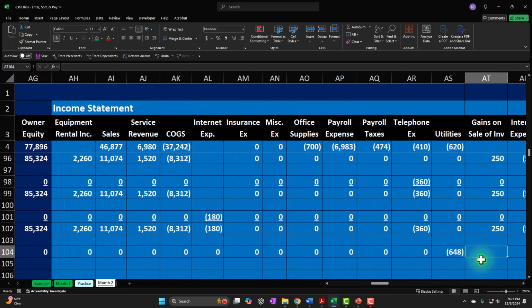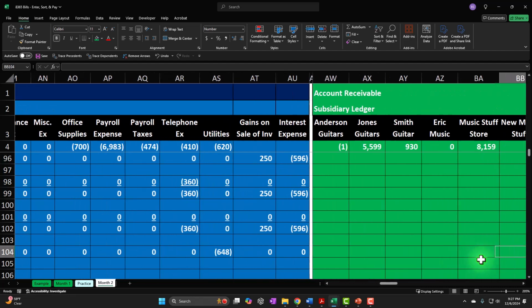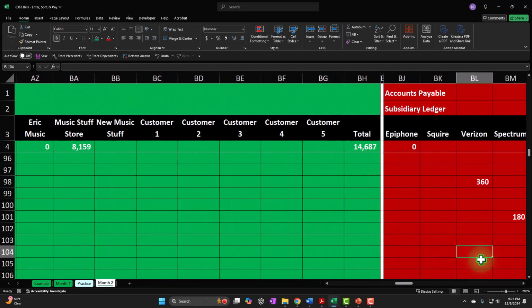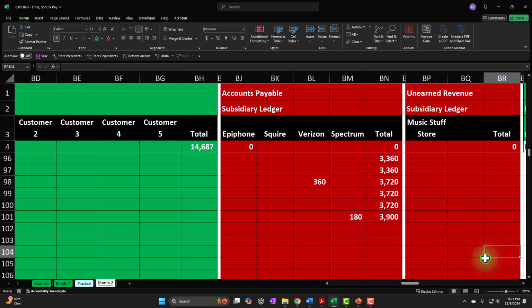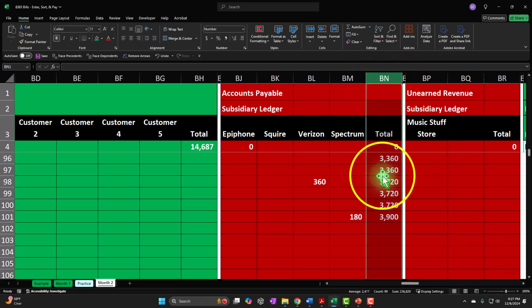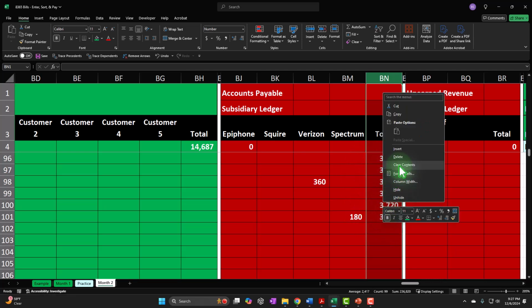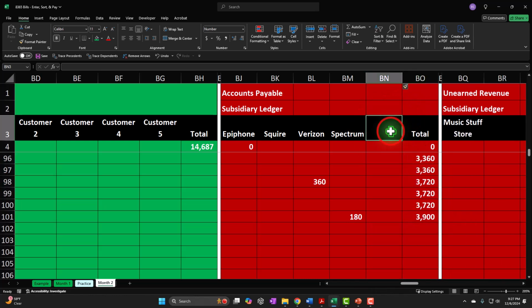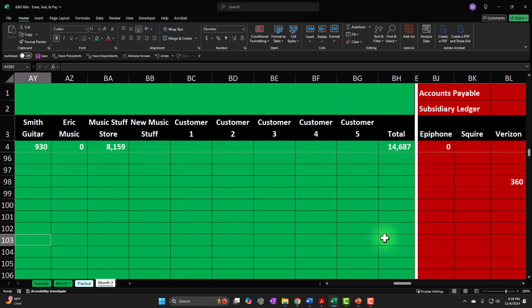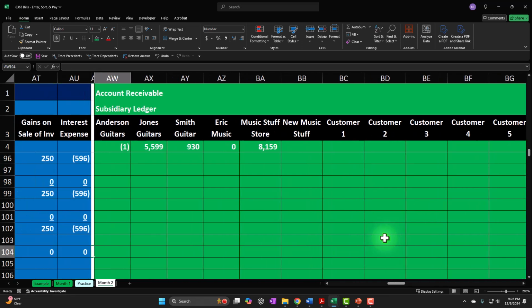And so there's that. All right, and then we're going to go into the subledger, and I'm going to add now another one. So I'm going to put my cursor in column BN, or right click, column BN. I'm going to say insert. I'm going to say this is going to be Edison, and see where we were at. Where do the zeros end? Right there.